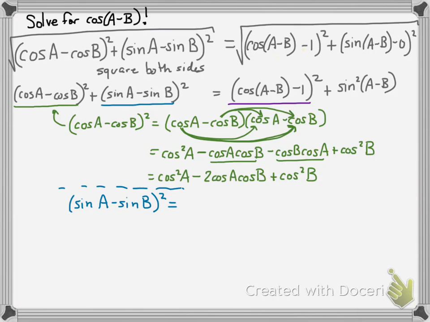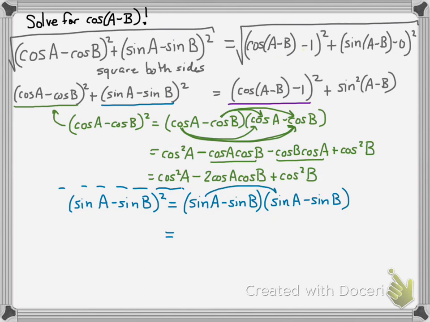It's a good idea. Okay, so writing this out, we have sine of A minus sine of B times sine of A minus sine of B. And we're going to distribute just like we did up above.